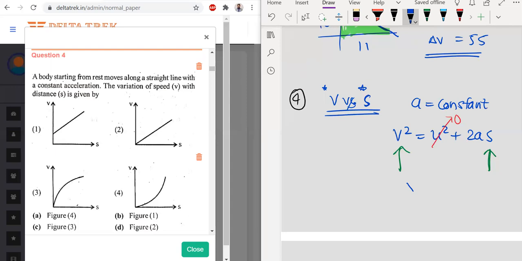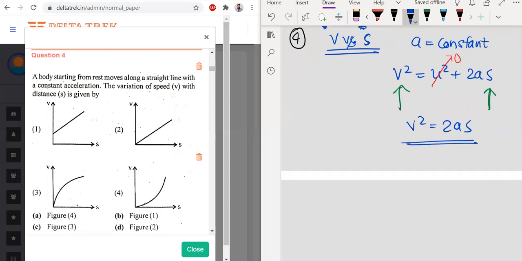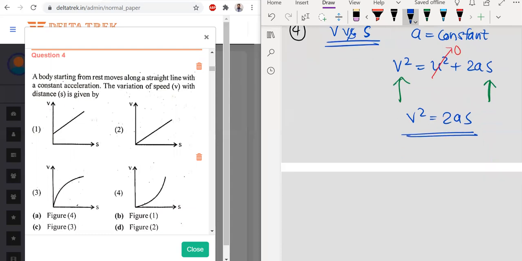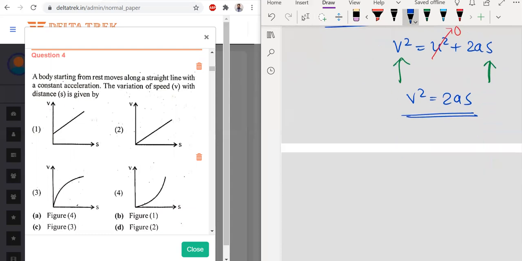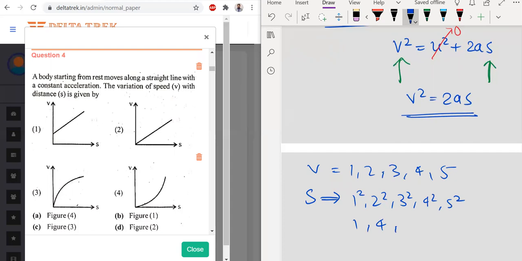Now how do we identify this? How is this going to change? It means that if you change v by small amounts, let's say v is 1, 2, 3, 4, 5, then s will go like 1 square, 2 square, 3 square, 4 square, not exactly, because we also divide by 2a, but it will go something like 1, 4, 9, 16, 25.